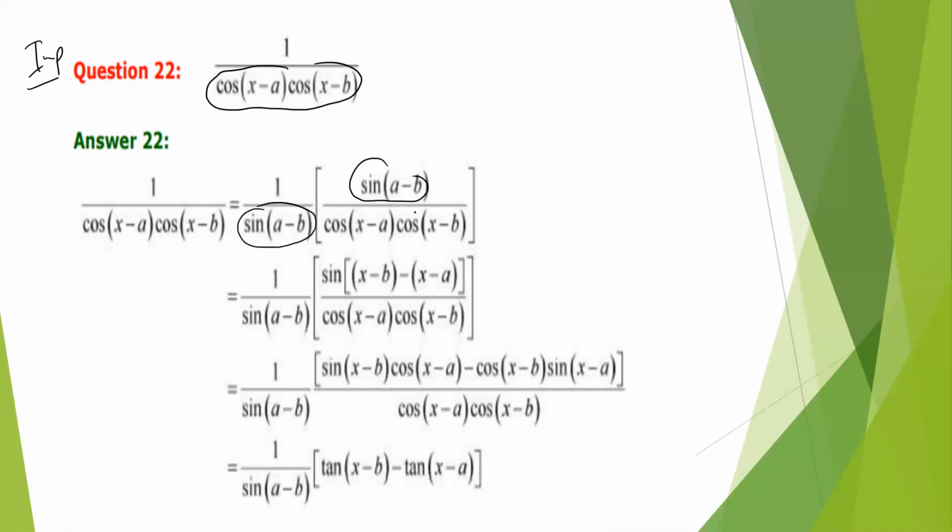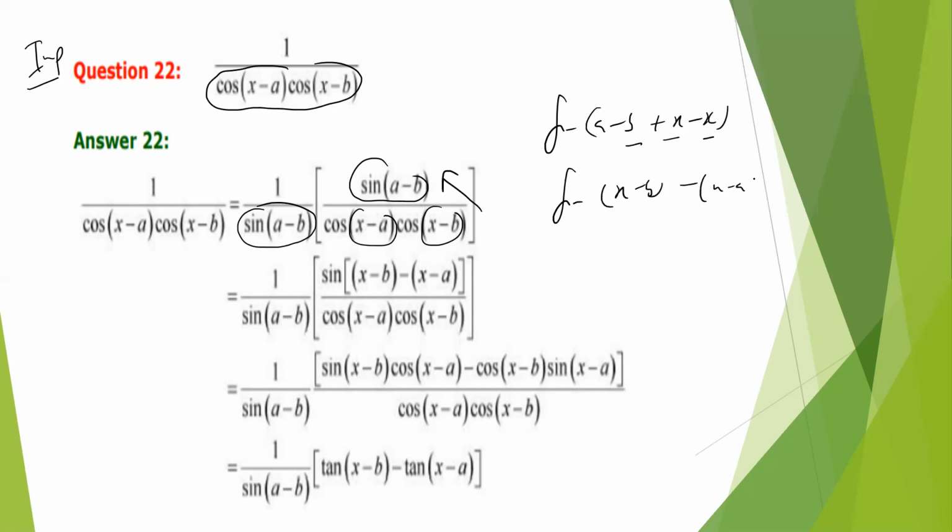What is our objective? We want to make x minus a, x minus b in the numerator as well. Now after sin a minus b plus x minus x. Now sin x minus b minus common x minus a. So it is divided into two parts like this.